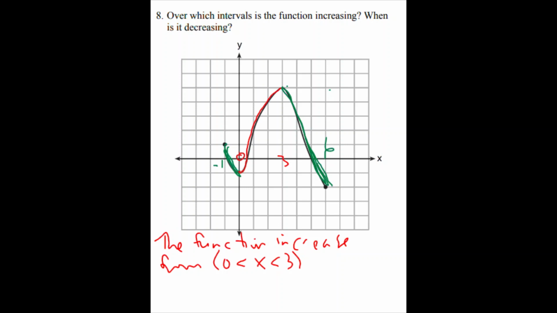So we say the function decreases from, sorry, my handwriting is terrible. Sorry about that, ladies and gentlemen. Well, the leftmost point of x is -1 is less than x is less than 0.